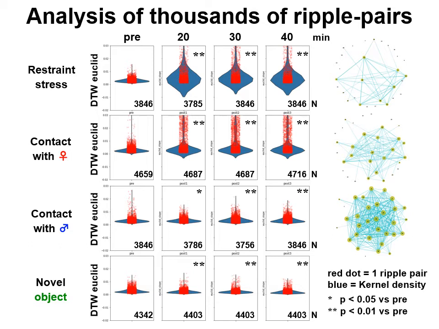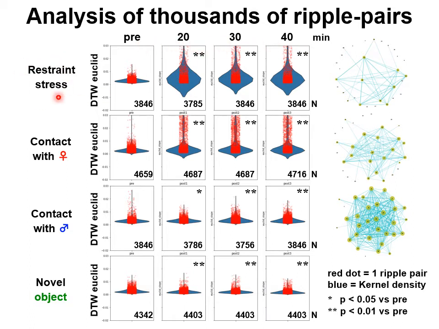We analyzed more than 66,000 ripple pairs. A single red circle indicates the Euclid distance of one pair. Pre means before the episodic experience, and the distances were also plotted after the experience.